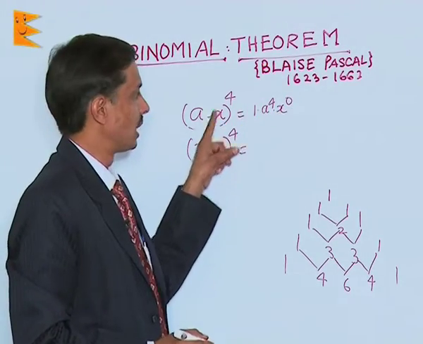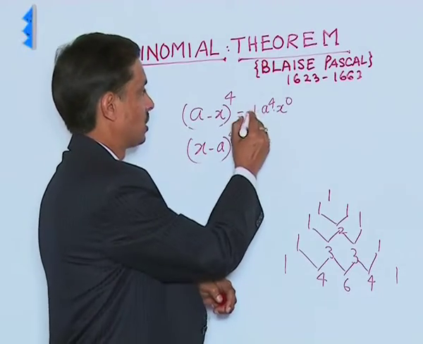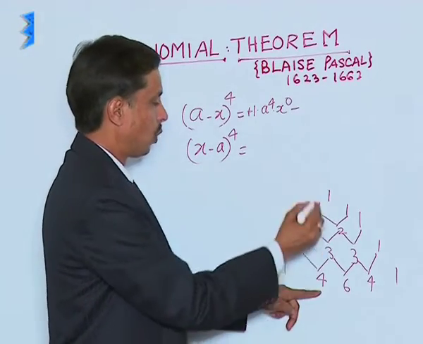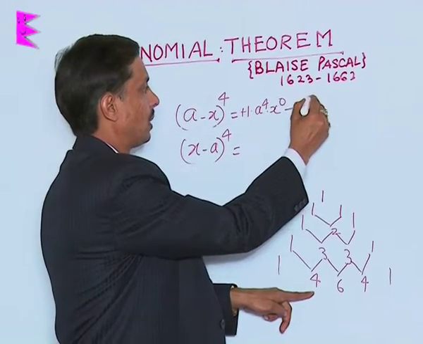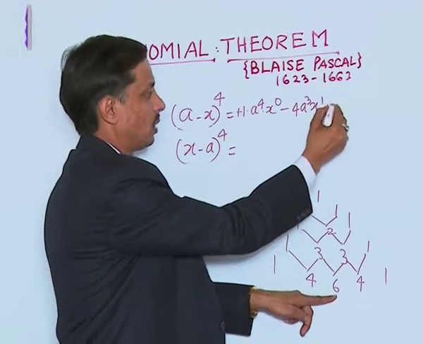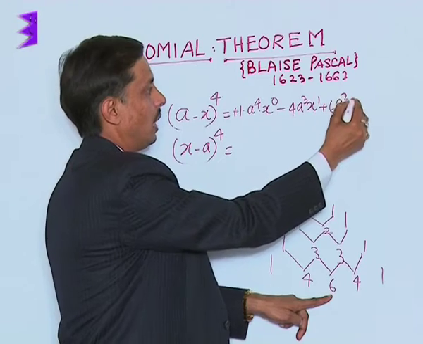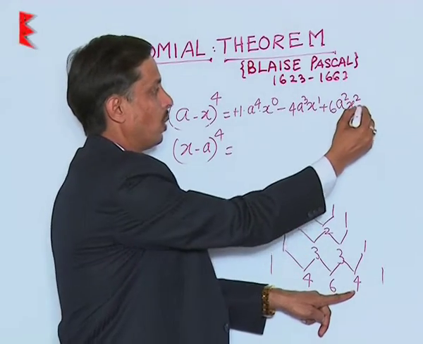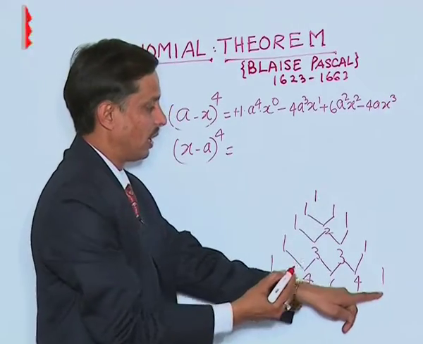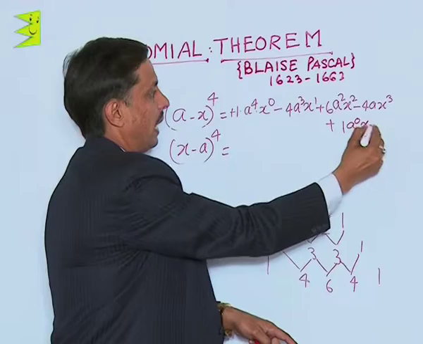This becomes 4 as the coefficient, a's power 3, x power 1, then positive 6 as I am taking third, this becomes a's power 2, x power 2, then 4, this becomes negative 4a x cube, and finally we have to take plus 1, that is a's power 0, x power 4.